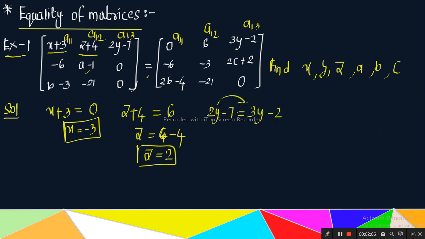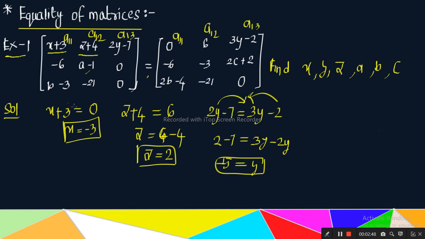Let me bring 3y here, and minus 2 comes here, which becomes plus 2, minus 7 is equal to 3y minus 2y. 2 minus 7 is minus 5, which is equal to y. y will be minus 5.